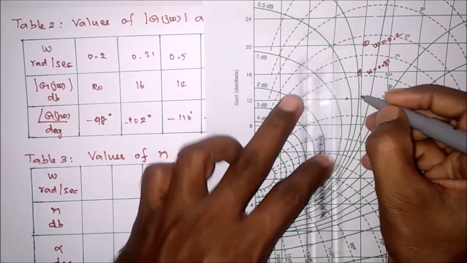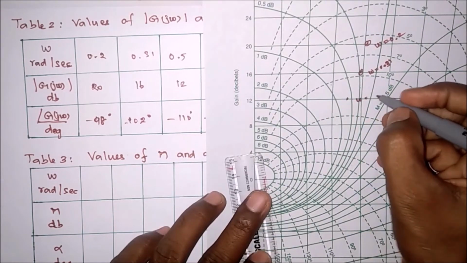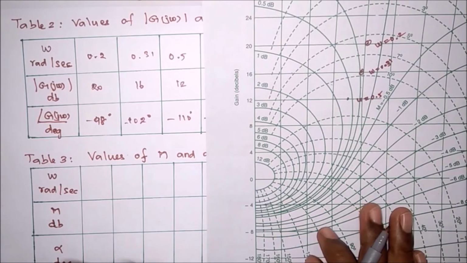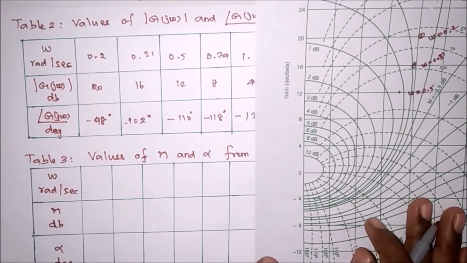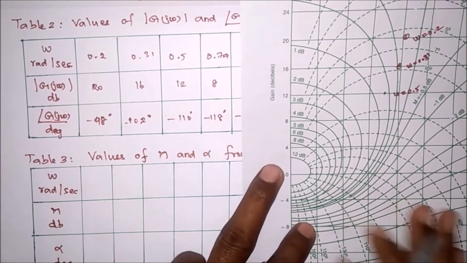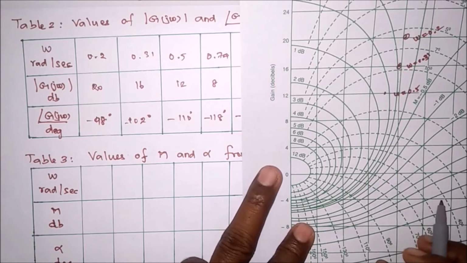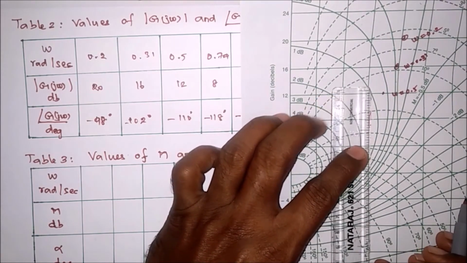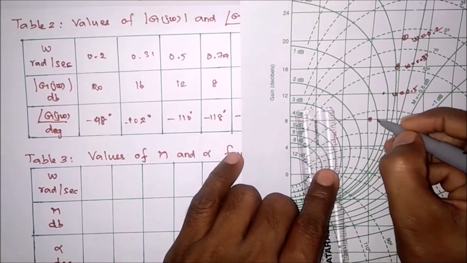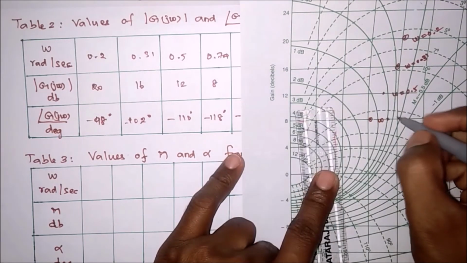This is the point where omega equal to 0.5. Then next, we have to take 8 dB, then minus 118. This is the 8, and this is minus 118. Then this is the point, corresponding to omega equal to 0.74.